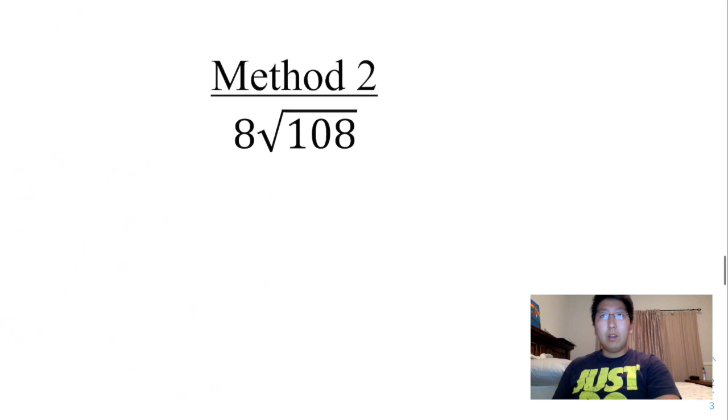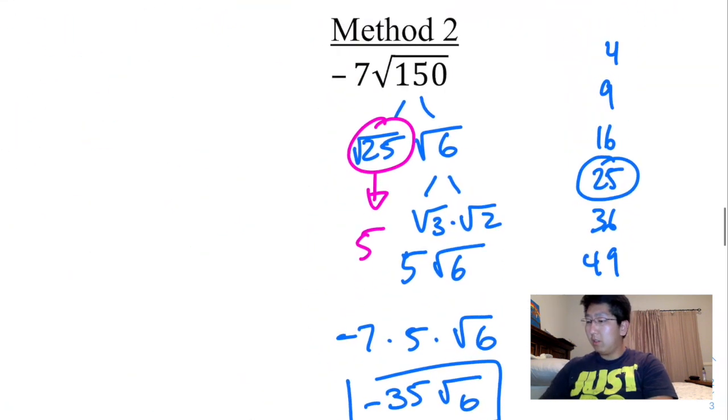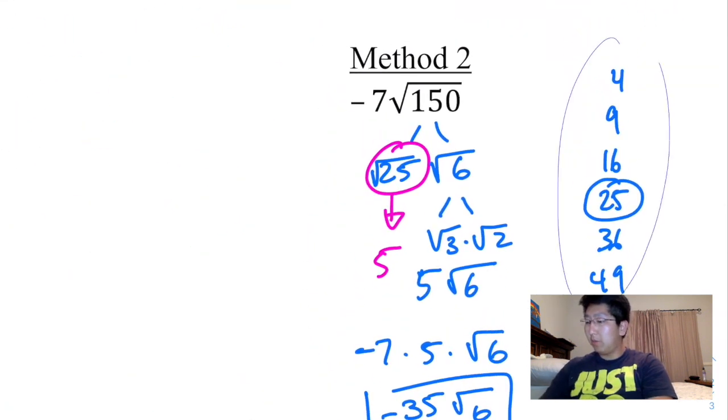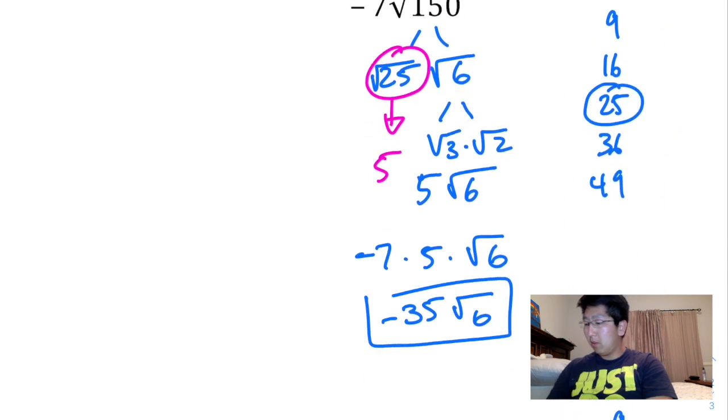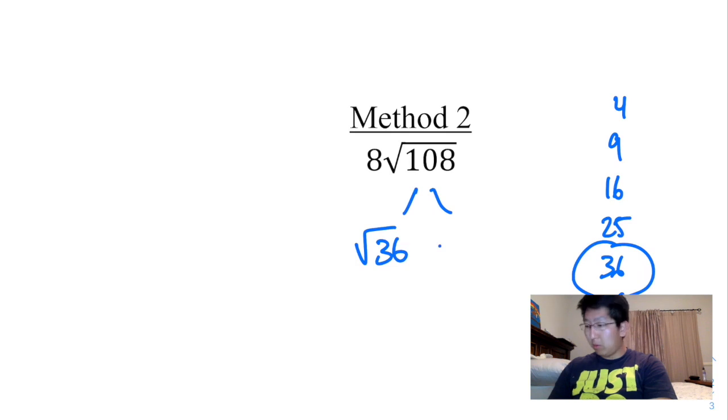Sorry, I moved the computer. Alright. Or here's our other way. We need to find a perfect square. So I'm going to just take this list right here, duplicate it. Okay, and for this one, 36 is going to go in. And this is a trickier one, but this is the square root of 36 times the square root of 3, and don't forget the 8 is out there.